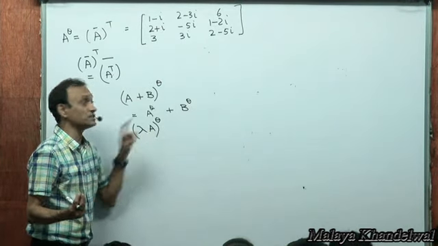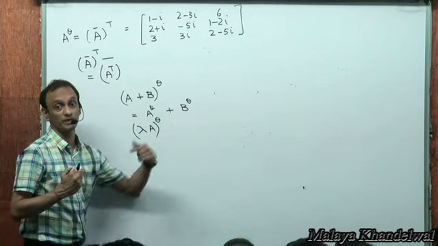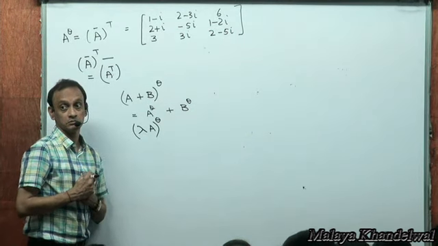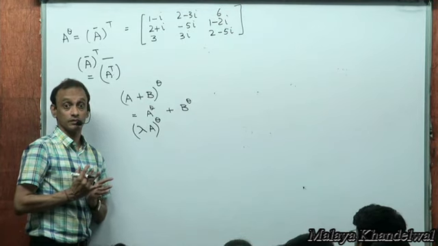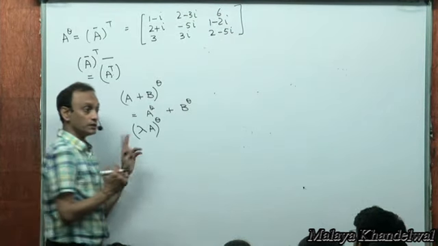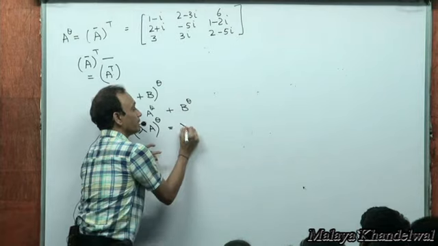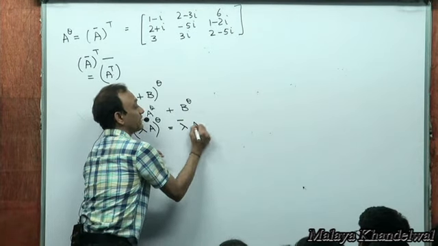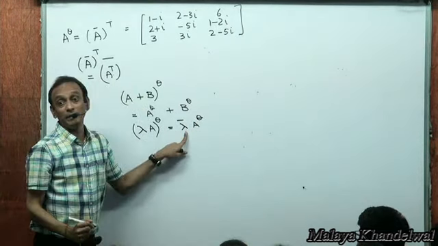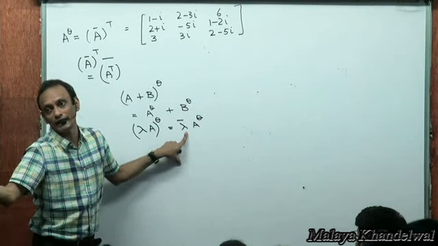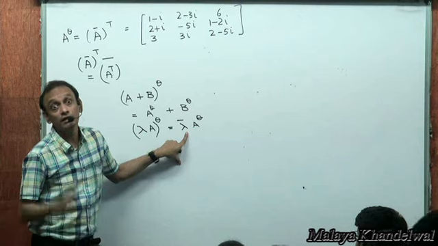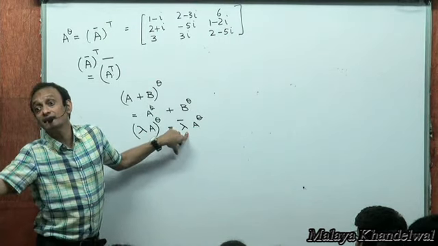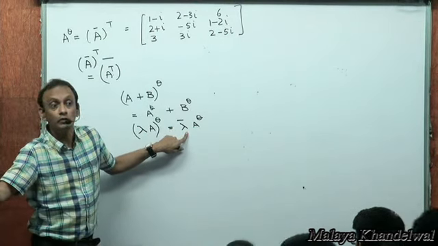When I say lambda A theta, what according to you should be the output of this operation? Lambda bar. Instead of lambda, it will become lambda bar and then A theta. Of course, if lambda is real, lambda bar will be equal to lambda. If lambda is purely imaginary, lambda bar will be minus lambda. Right?